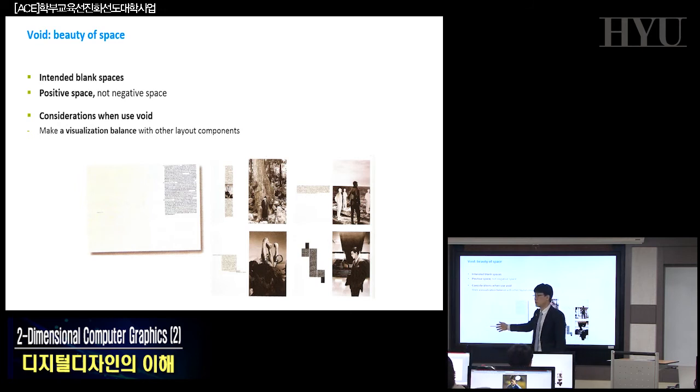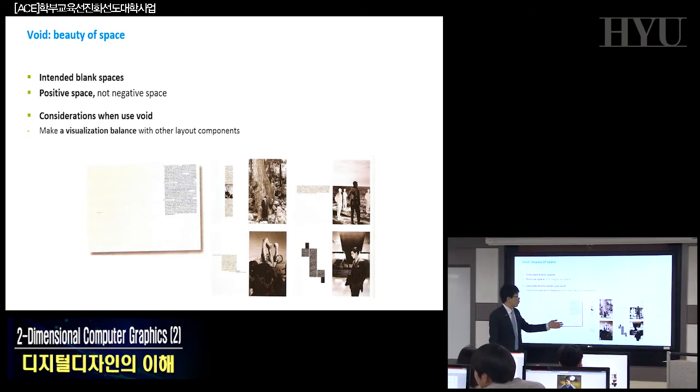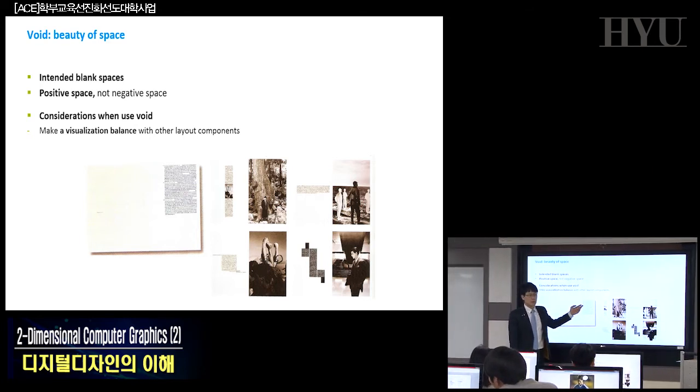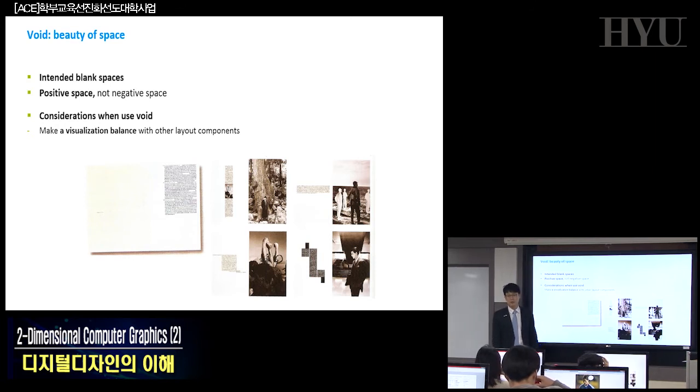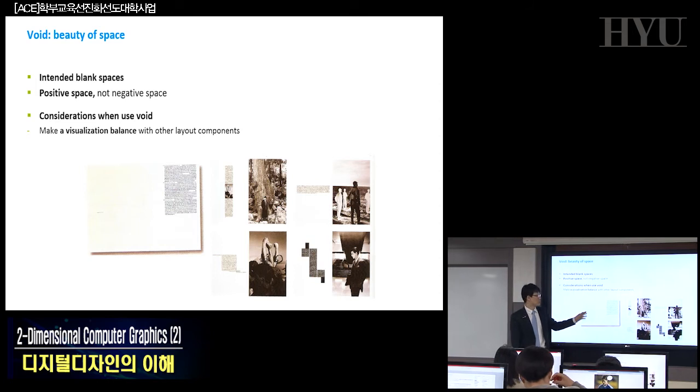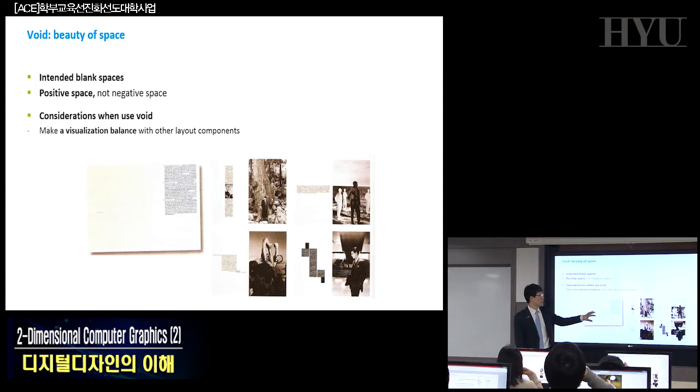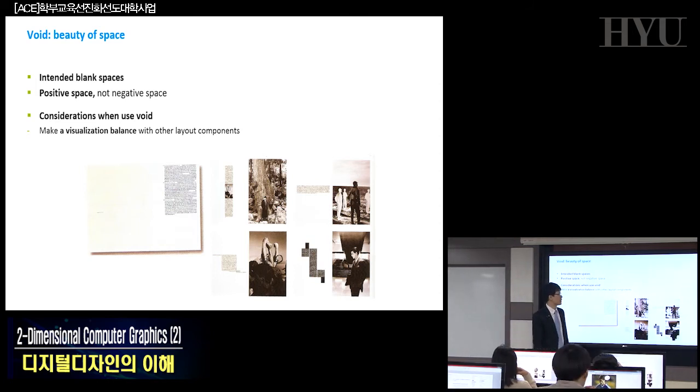All other parts intentionally remained white, background, blank. What if the text is going to tell something about loneliness or something like that? In that case, that is the designer's intention. Kind of empty and void space, the proportion occupied by that empty hole.